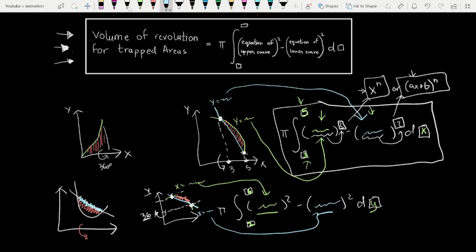So the upper line right there is on top, and that right there is the lower curve at the bottom of the shaded area. You've got to be careful when identifying the upper and lower curves, because otherwise you're going to put the wrong things inside the brackets and you're not going to get the right answers.